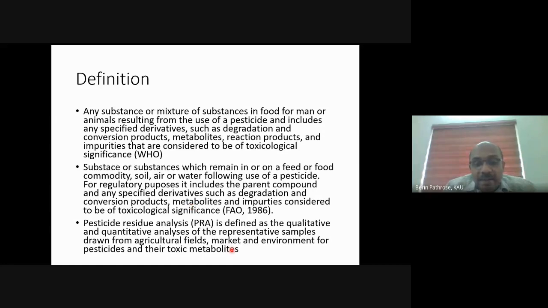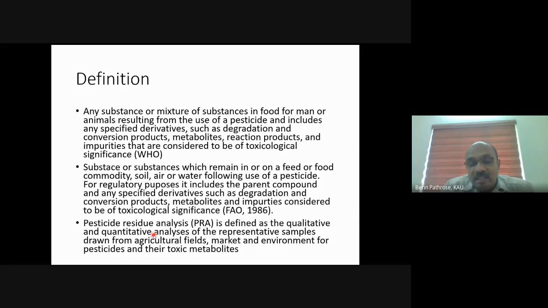And coming to the next definition, that is pesticide residue analysis. It is defined as the qualitative and quantitative analysis. Qualitative means we can say whether a sample has pesticide residue or not, whether a sample is contaminated or not. Quantitative means we can determine how much pesticide is present.